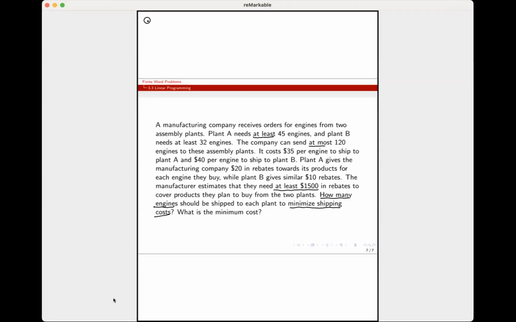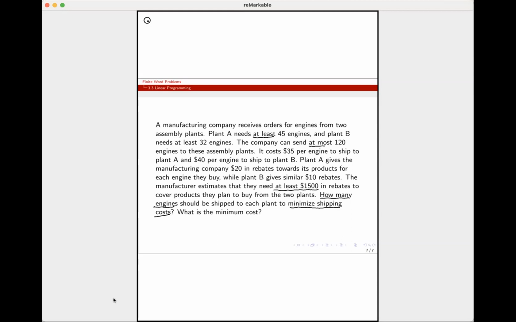All right, and we're going to use the same steps here. So the first thing we want to do is figure out what the objective function is, figure out what the variables are, and then we'll look at the constraints. Okay, so the question asks, first of all, how many engines should be shipped?